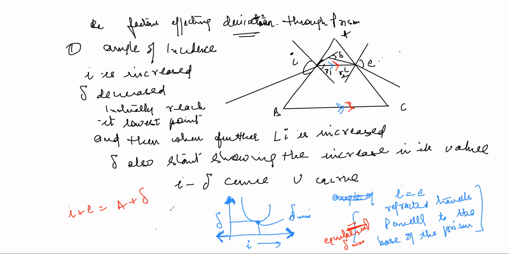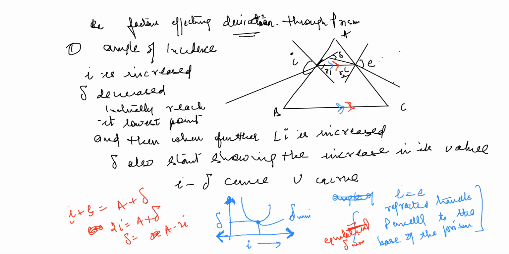Now since I and E are equal, I can write 2I equals A plus delta. Delta equals 2I minus A. Right, that is what we can write down.